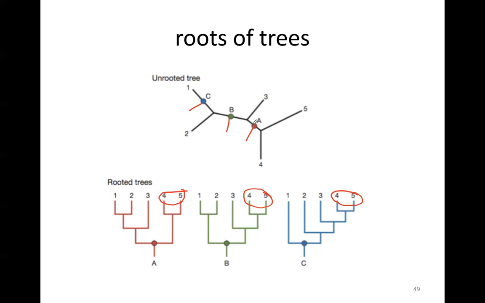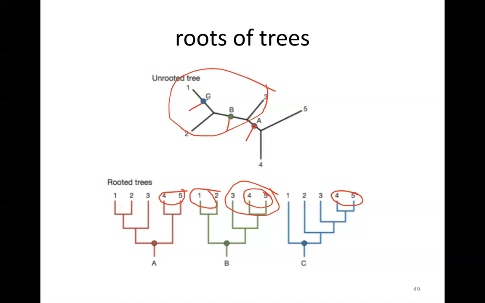If we place the root here, then 4 and 5 would be closely related, and then 3, 1, and 2 would be more closely related groups. Whereas if we added the root here, then 4 and 5 and then 3 would be closely related groups, and 1 and 2 would be outside, right?